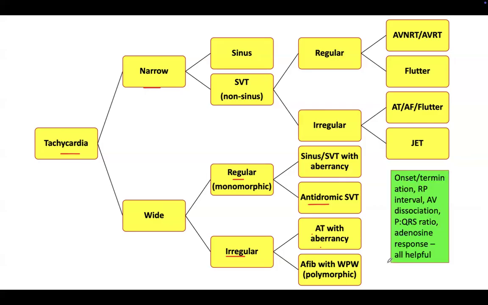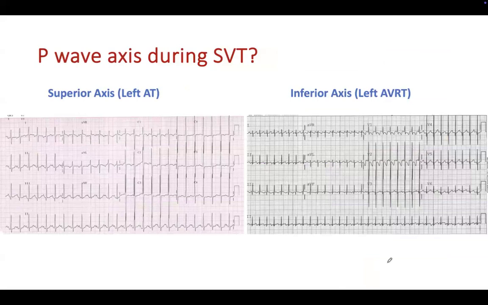Okay. So onset, termination, RP interval, whether there's AV dissociation, P-to-QRS ratio, adenosine response, shocking response, pacing response, all are helpful to further figure out the SVT mechanism. Furthermore, when you look at the P wave, the axis of the P wave also helps.